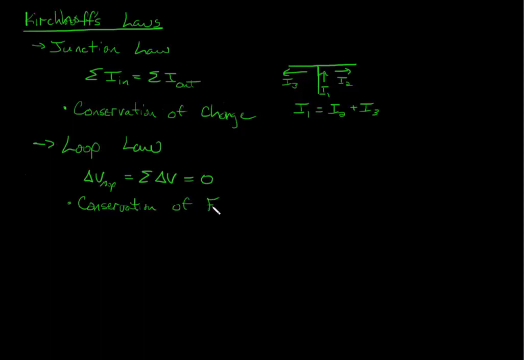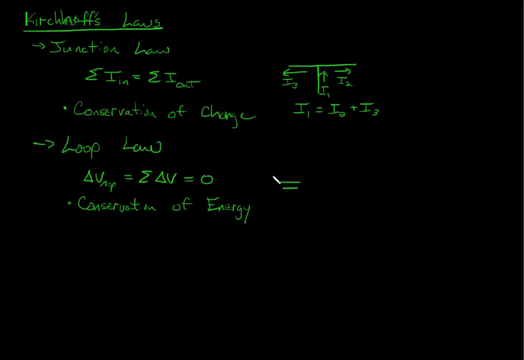So as we move around, the potential difference, which measures the potential energy, as it goes around the entire loop, we have to have a net zero. Yeah, I mean that's a conservation of energy. So let me show you an example, and it might make a little bit of sense.